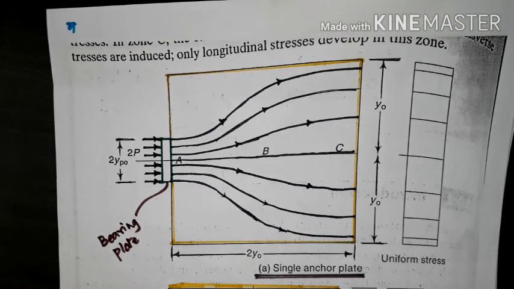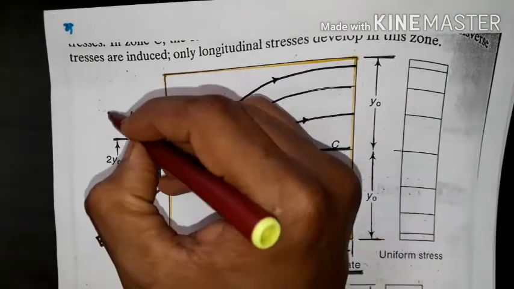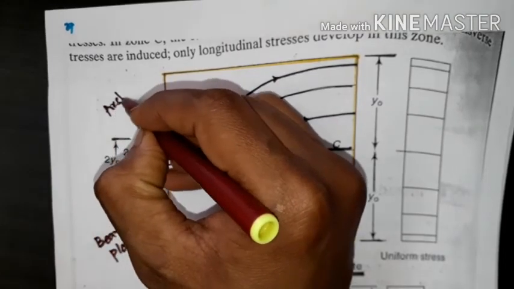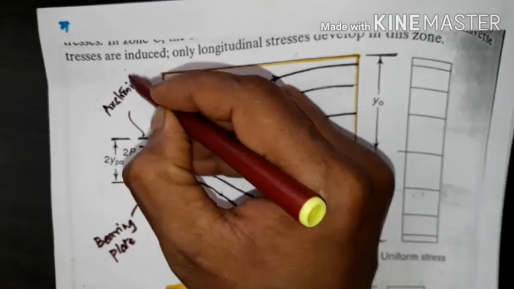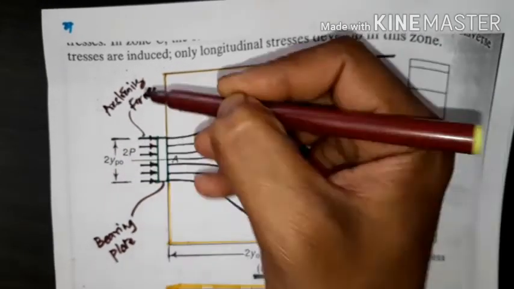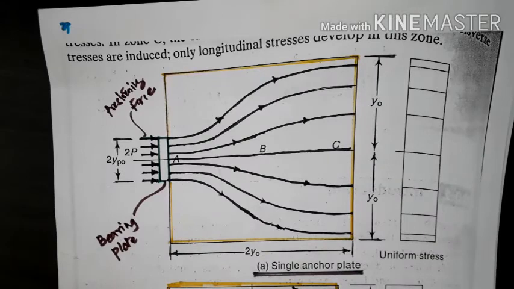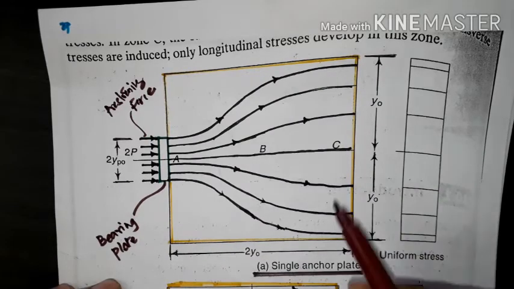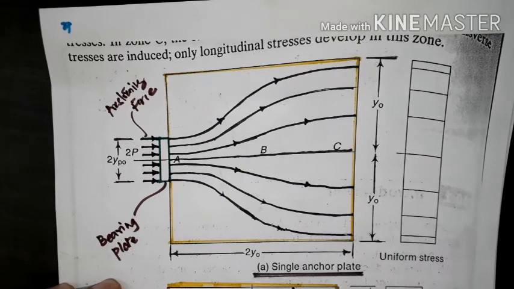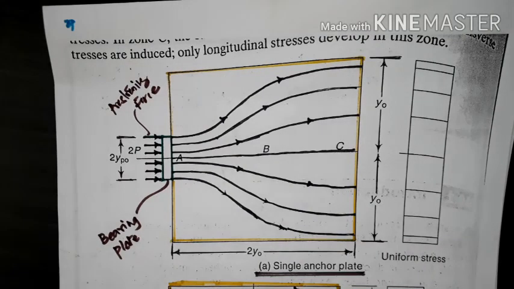And these are the prestressing force. So what is happening here? The cable is stretched. The end block or anchorage zone design is specially done only in the case of post tension beam sections.